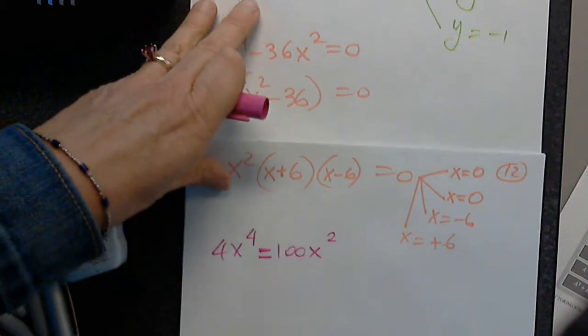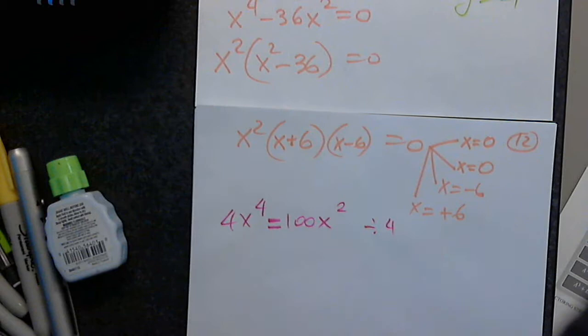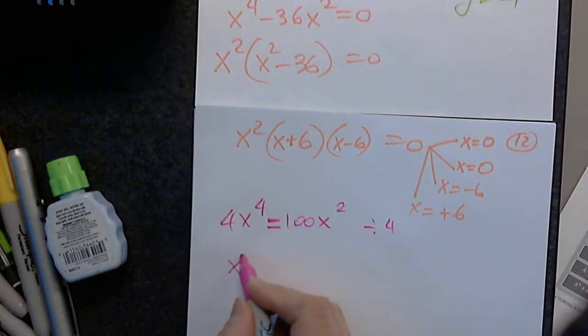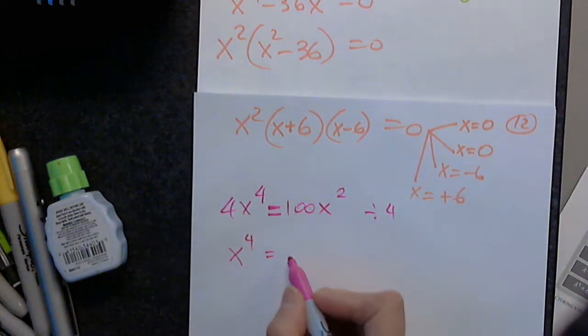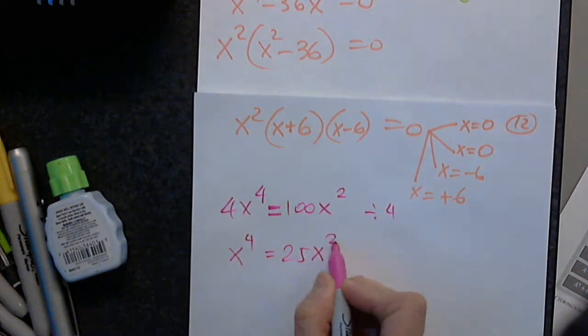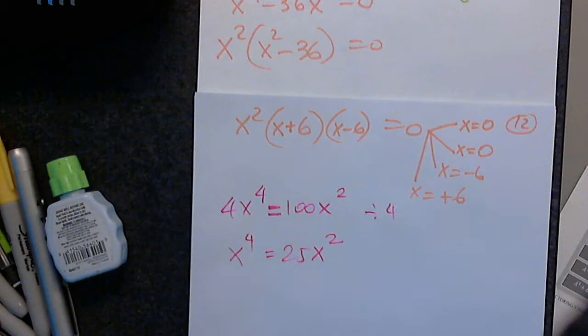That 4 will not change. Dividing both sides by 4 will simplify the equation, and it will not change the solutions. So then the left-hand side has x to the 4th, and the right-hand side would be 25x squared.